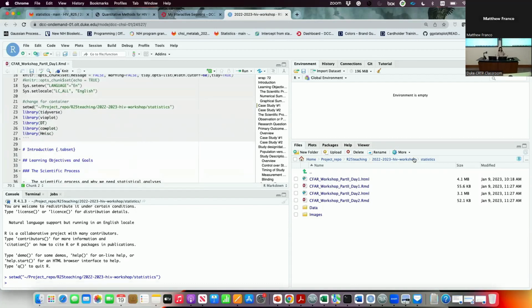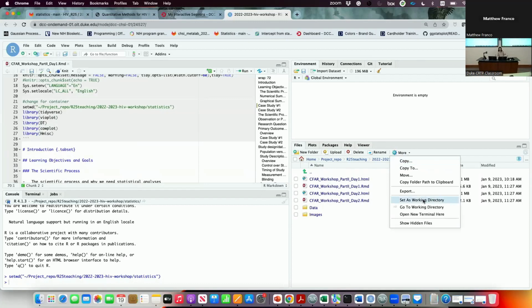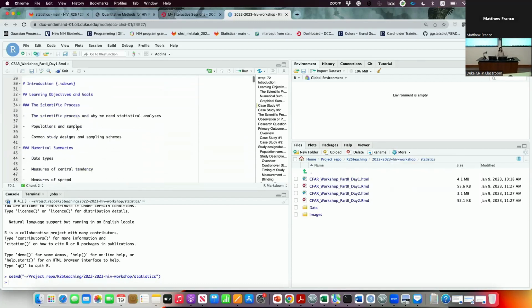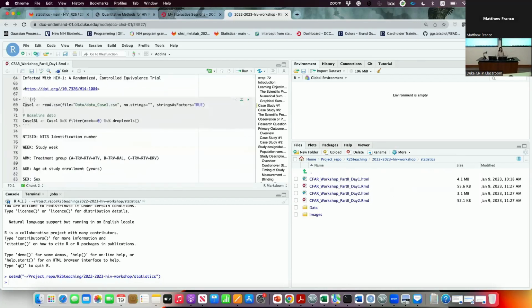You just click on statistics, have this page, click on more and set working directory. So you are here. This helps you read the data from this data folder. So if you can just copy and paste.